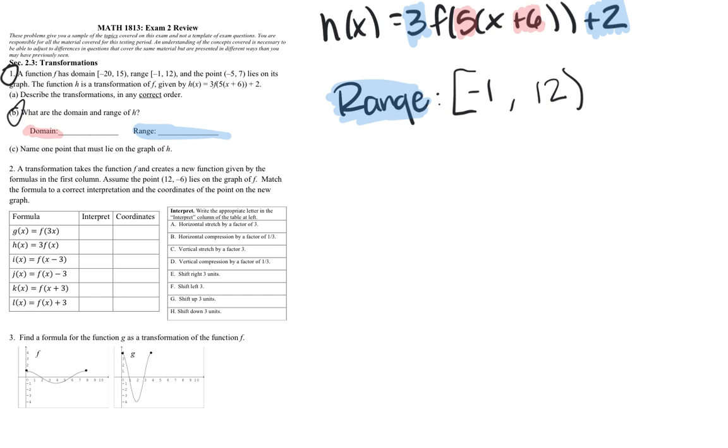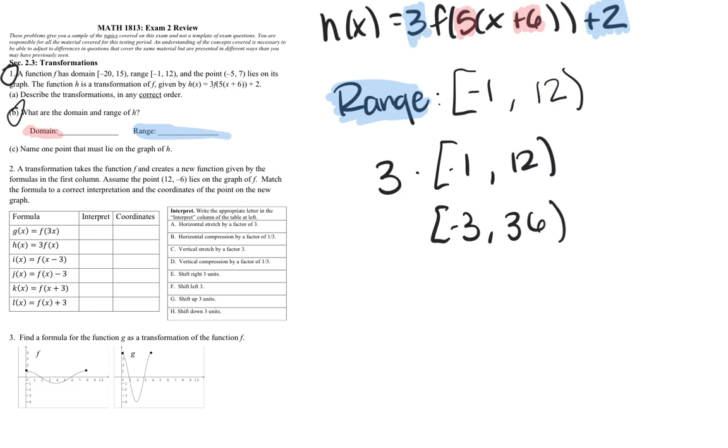Step 1 is the stretch by a factor of 3, so we multiply by 3 and get 3 and 36. And then we also have to add 2, so we end up getting 5 and 38 as our new range.